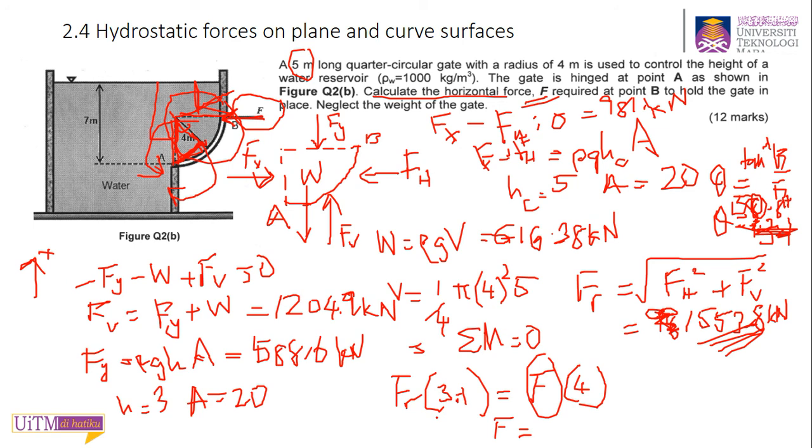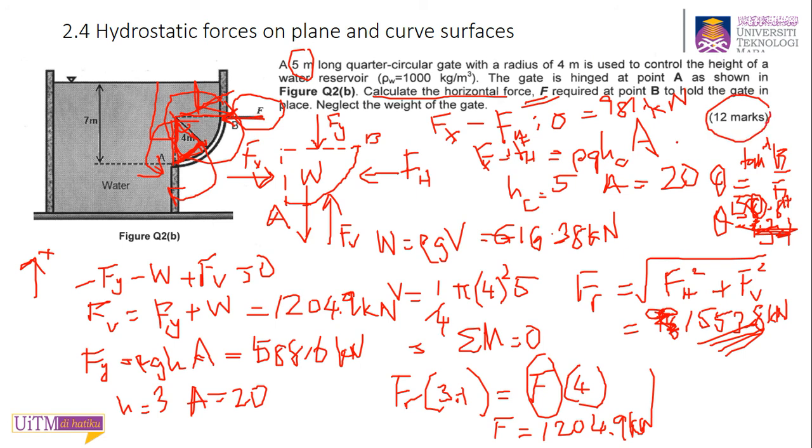How much? 1204.19. 1204.9 kilonewton. So that is a very long step, and they give you 12 marks.